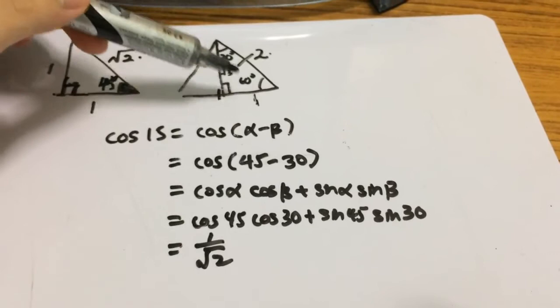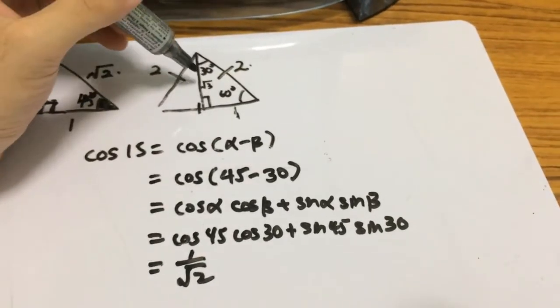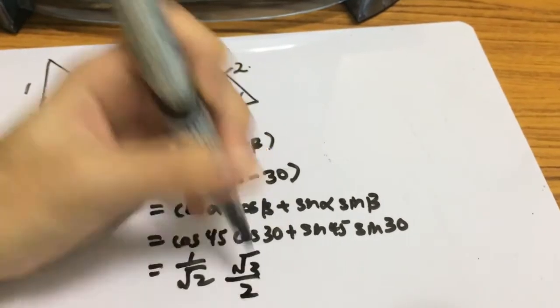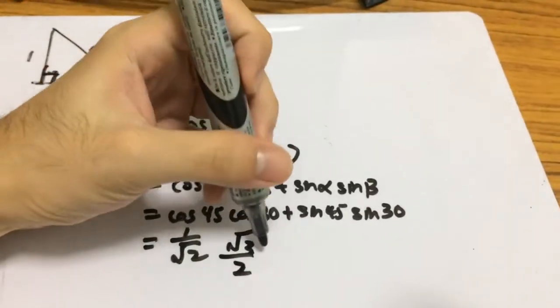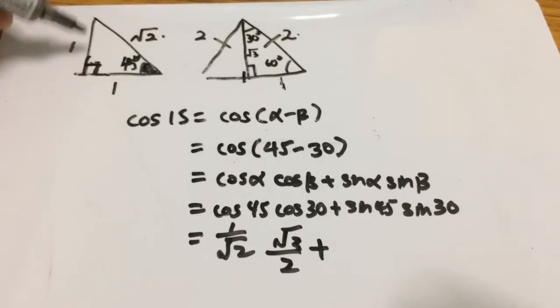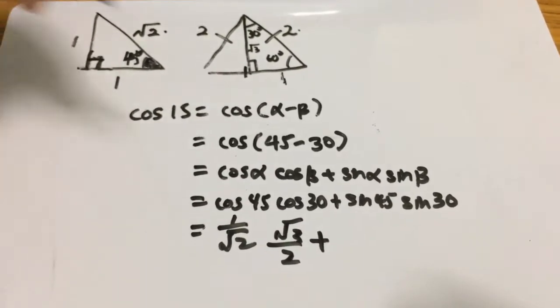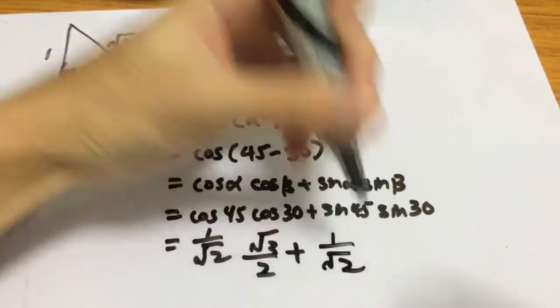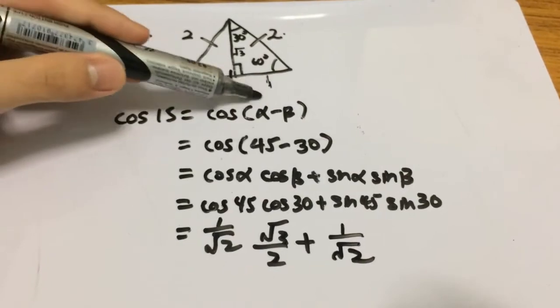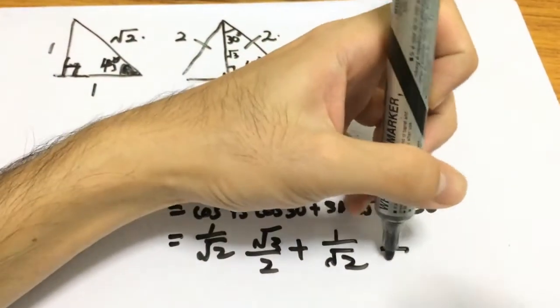Cosine 30 is square root 3 over 2, adjacent over hypotenuse. And of course sine 45 is opposite over hypotenuse, so it's 1 over square root 2. And last but not least, sine 30 is opposite over hypotenuse, so it's equal to a half.